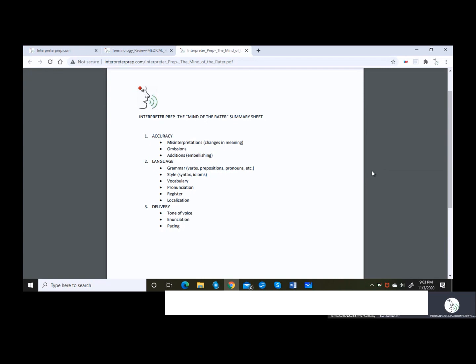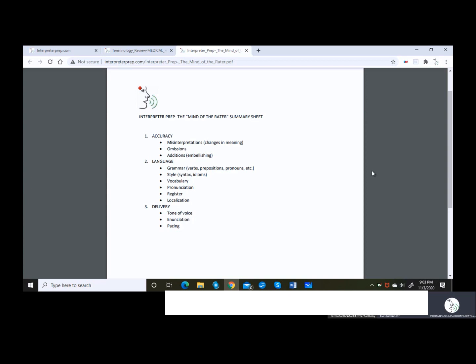So it's important to know how the rater thinks, how their mind works, and what they consider important, what they're going to be grading you on, and what they're going to be listening in for, because as you know, they record your renditions and obviously they later listen to them, maybe one or two raters, and then they give you your note. So without further ado, let's get into this about the mind of the rater.